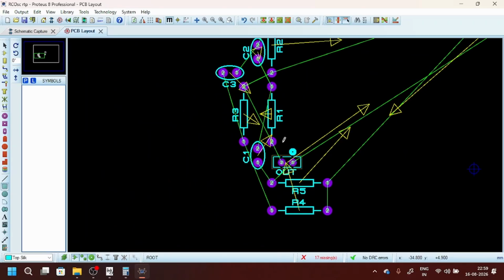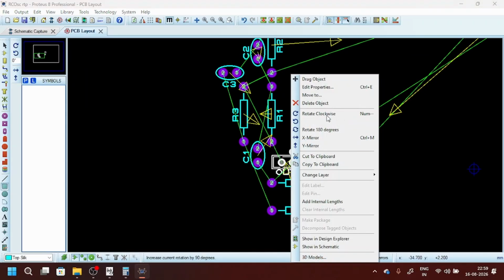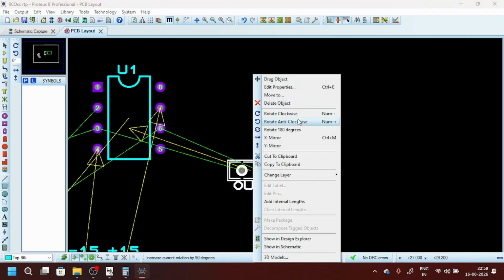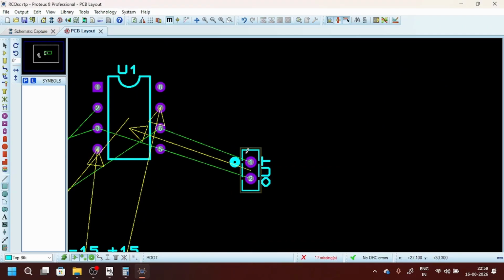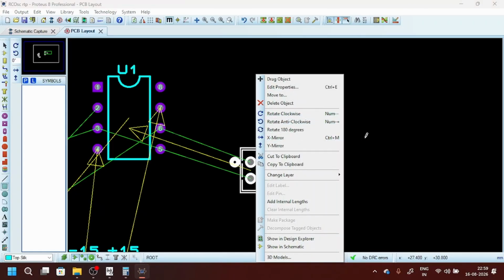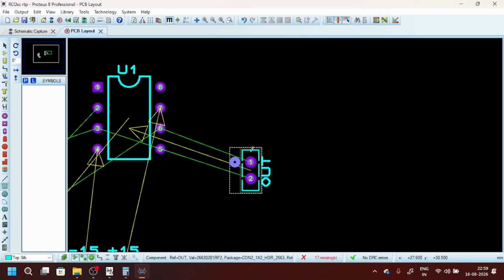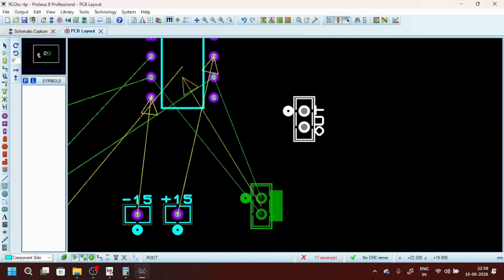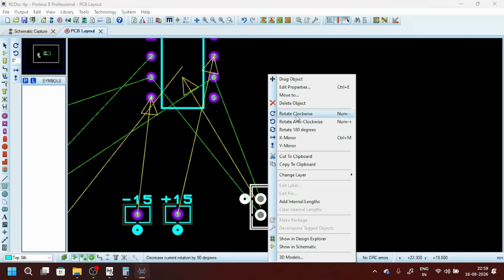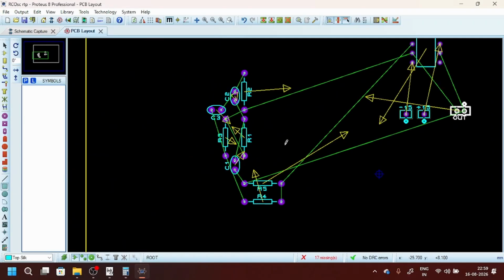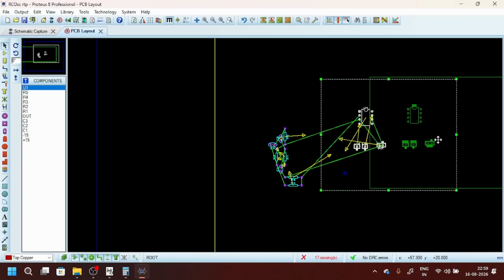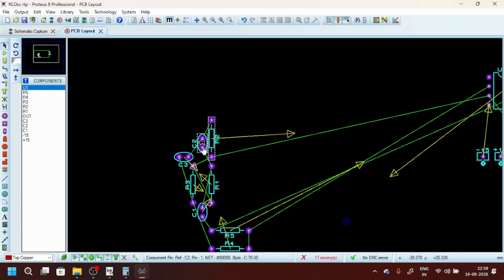Where is that out? Out, yeah, here it is. This two pin header is used to check the output, and the other thing I will keep a little bit apart here because I need R1, R2, R3.